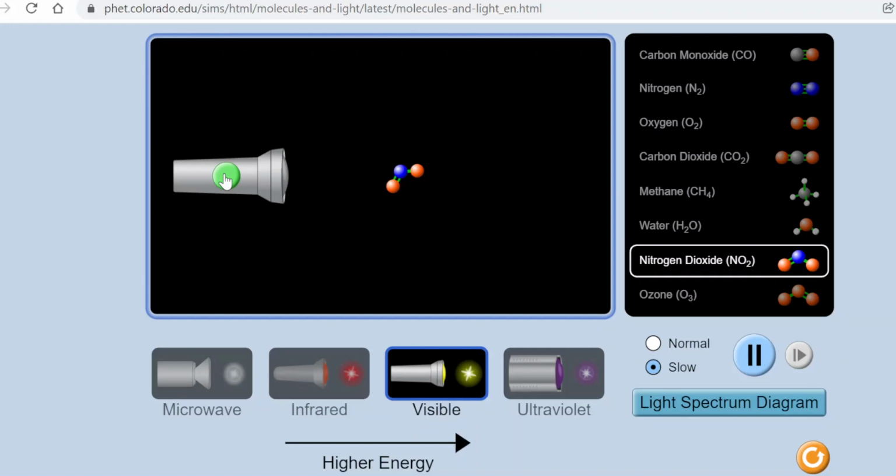So from this simulation, the idea is clear. That is, a molecule or matter interacts with the electromagnetic radiation and certain changes occur in the matter or molecule.